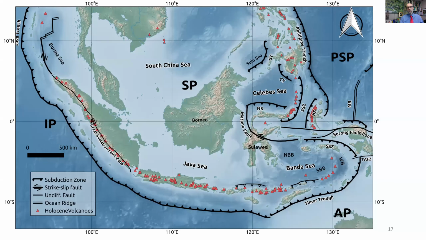So the present day geometry, again, familiar to you, here is the Sorong Fault located here, and the strike-slip fault that cuts through Sulawesi, Celebes Sea, the Philippine Sea Plate to the east, and the geometry shown here with curving subduction zones wrapping around the Banda Sea, and the simpler ongoing subduction of the Indian-Australian oceanic crust beneath Java and Sumatra.